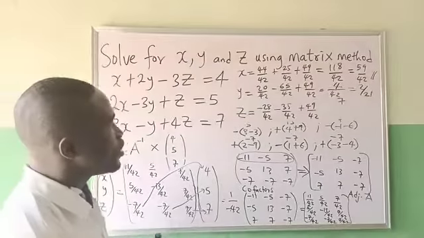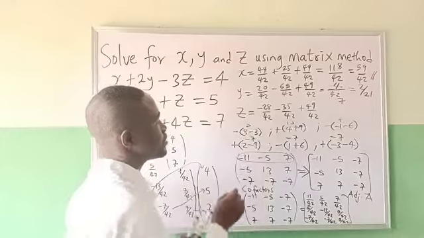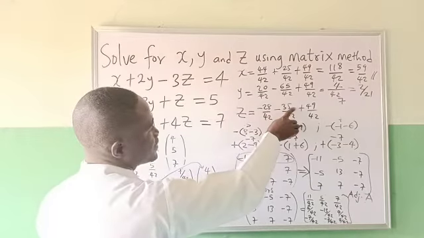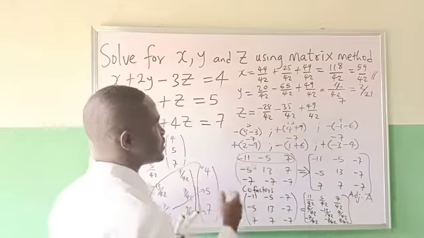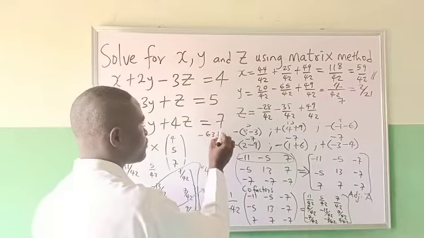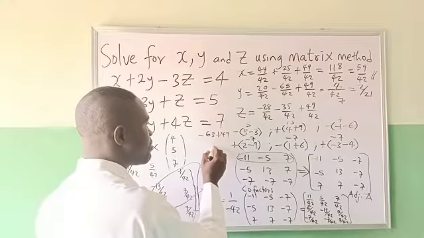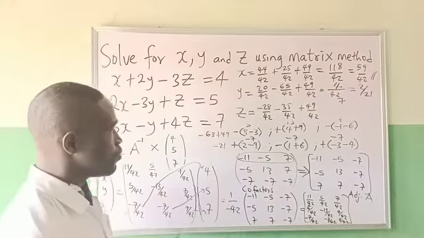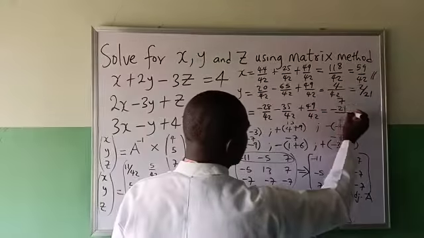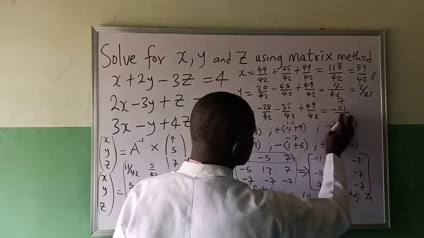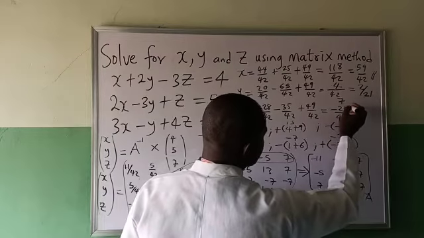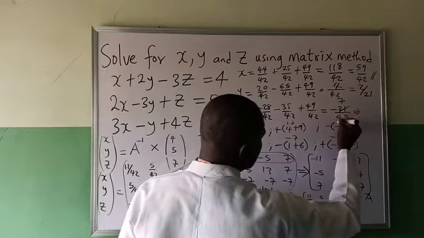So that will be giving us minus 63 plus 49. That will be giving me minus 21. Wow. So I'll be getting minus 21 over 42.